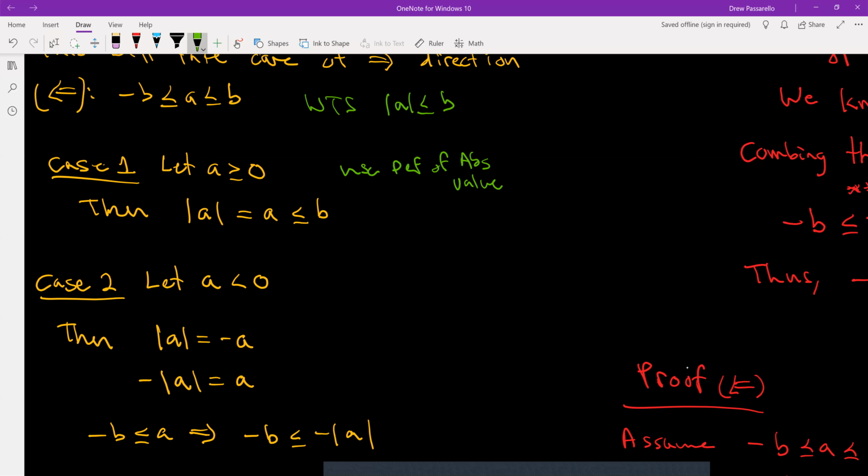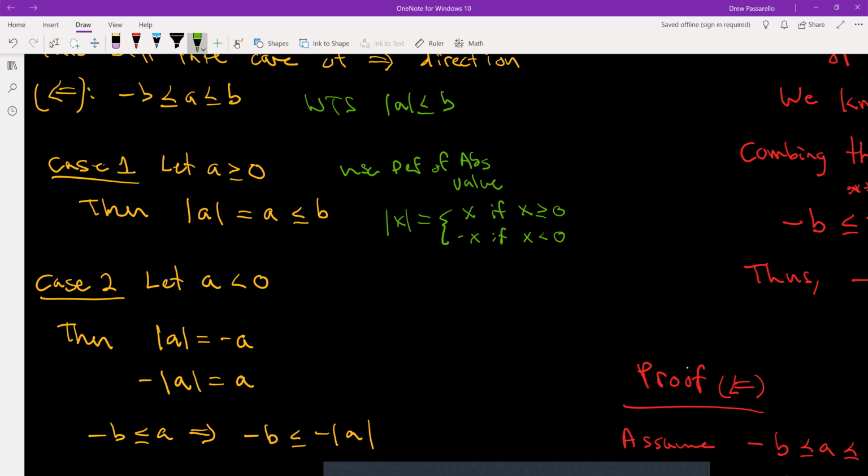Absolute value of x is equal to x if x is greater than or equal to 0, and negative x if x is less than 0. Okay, so using that definition, I can combine a greater than 0 and a equal to 0 in its own case.